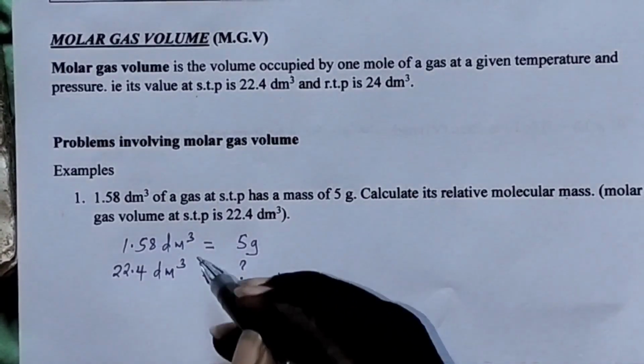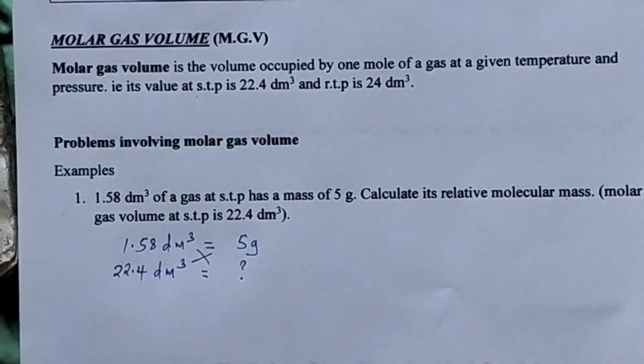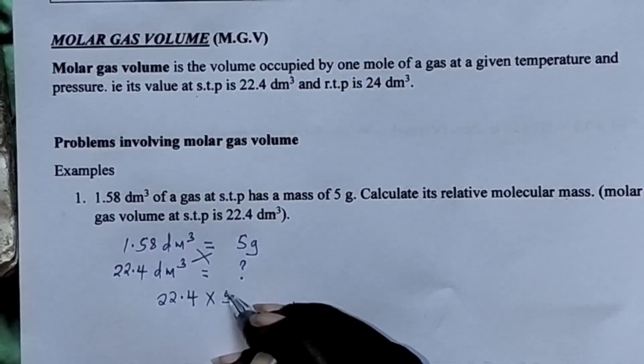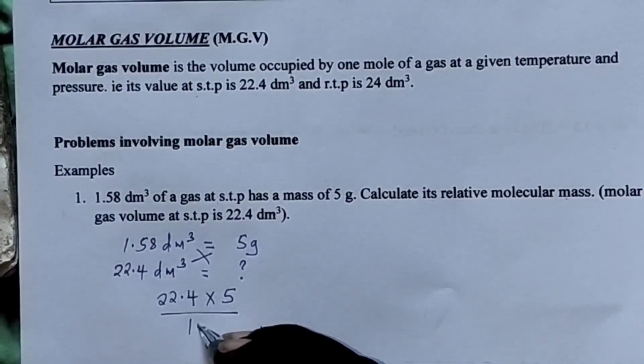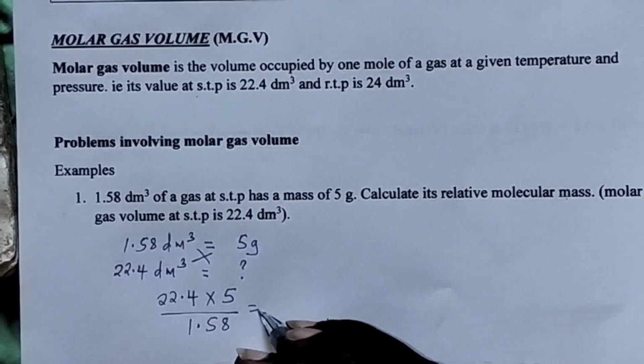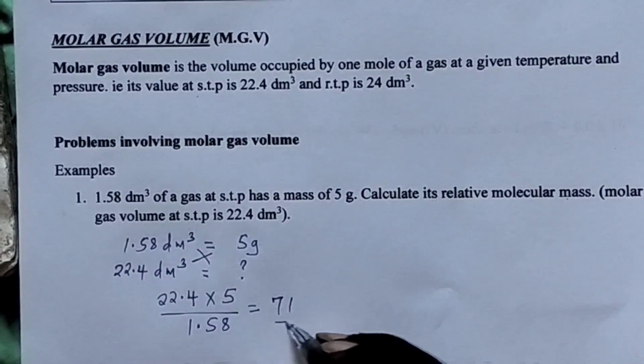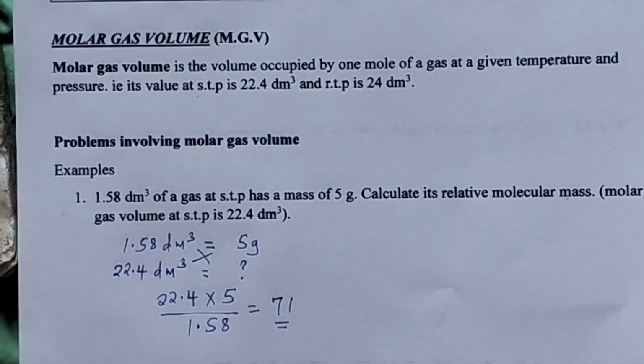That's what we are going to get. So we cross multiply: 22.4 multiplied by 5 divided by 1.58. Here we are going to get 71. So the relative molecular mass of the gas will be 71.